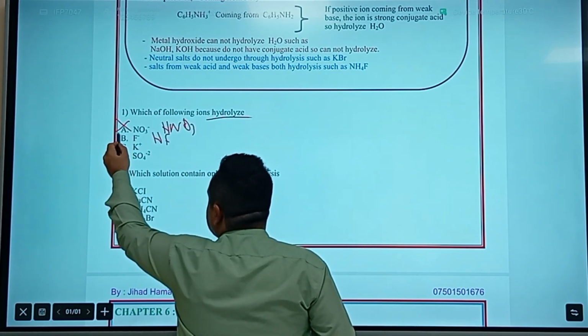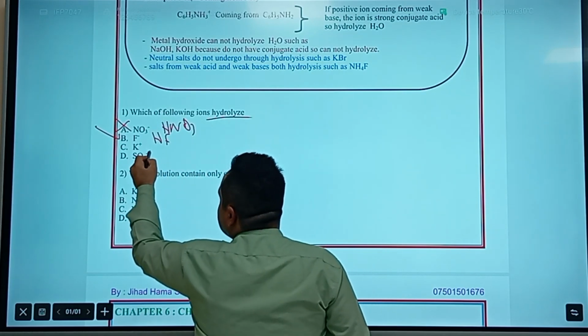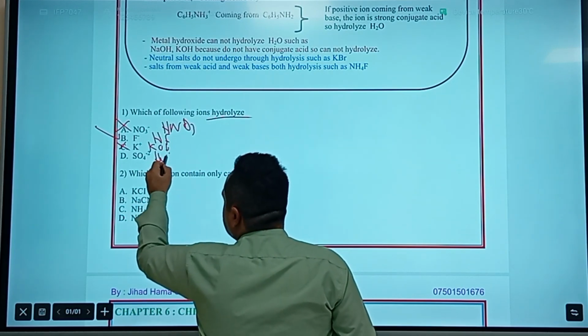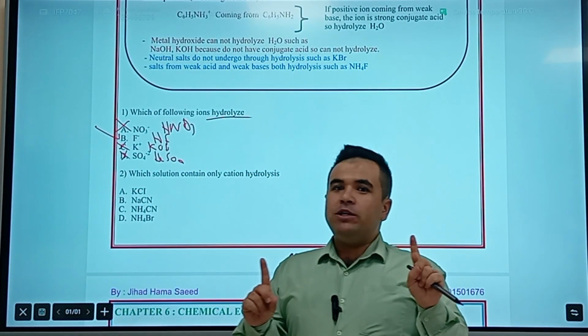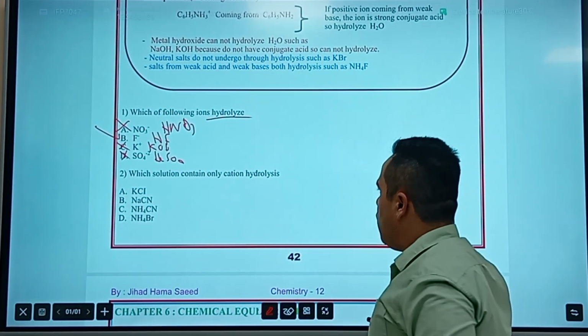This is yes, because it is obtained from a weak acid. This KOH cannot undergo hydrolysis. This H2SO4 cannot undergo hydrolysis. So whenever it asks about the ions, choose the ions that are obtained from weak acids and weak bases only.